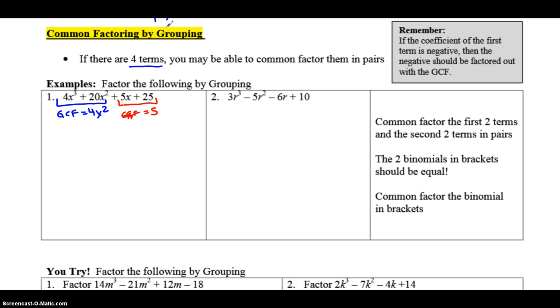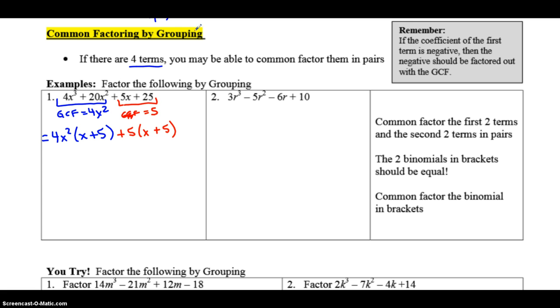If I common factor the first set, I get 4x squared, and what's left over is x plus 5. Then I'm going to grab my second set. Now the greatest common factor is positive, so I'm going to write plus 5 because it's still continuing in the same expression. And I get x plus 5 left over when I divide each term by 5.